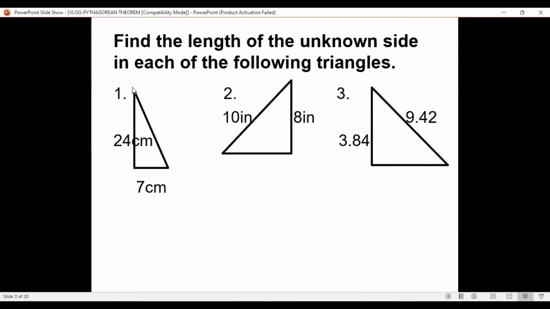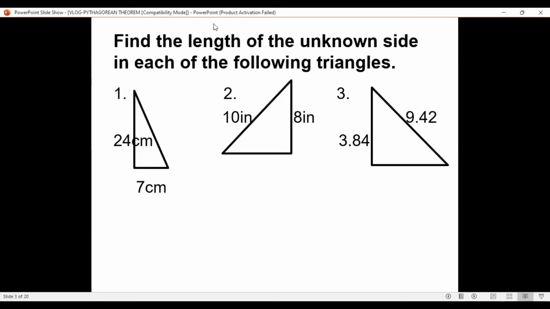Okay, so we have here three possible scenarios. Find the length of the unknown side in each of the following triangles. We have here 24 cm. We can let that be the altitude, and b, the base, is equivalent to 7.